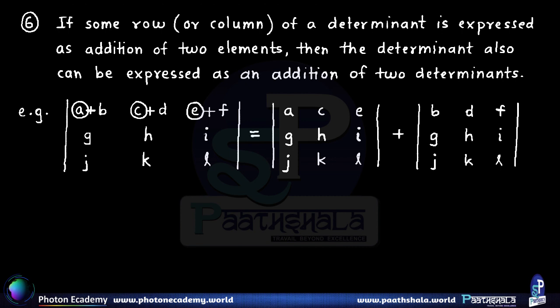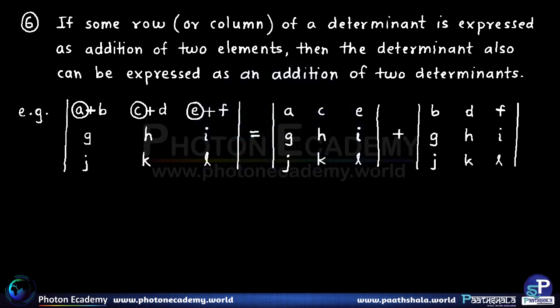So a, c and e make the first row of the first determinant on the right hand side. The remaining elements, which are b, d and f, become the first row of the second determinant.